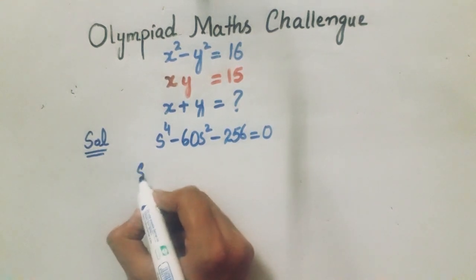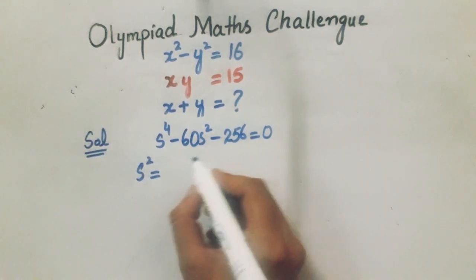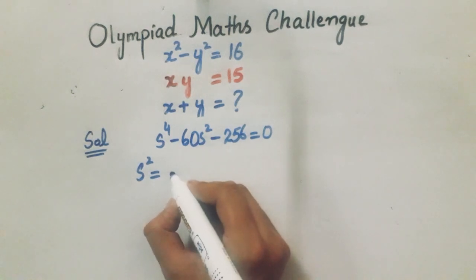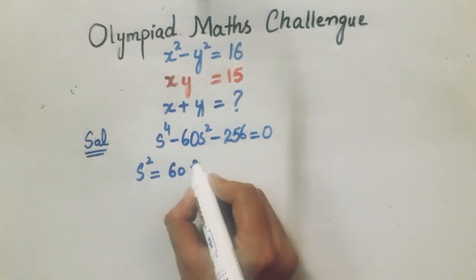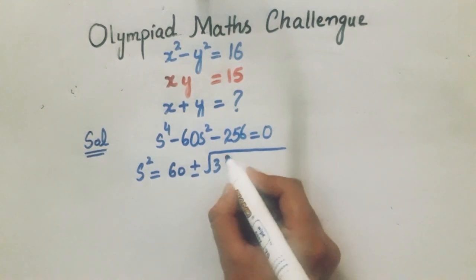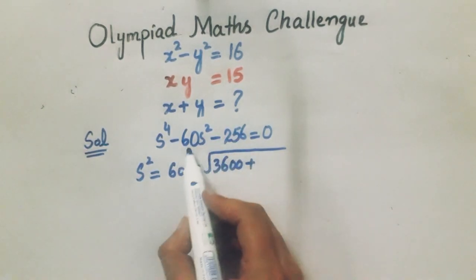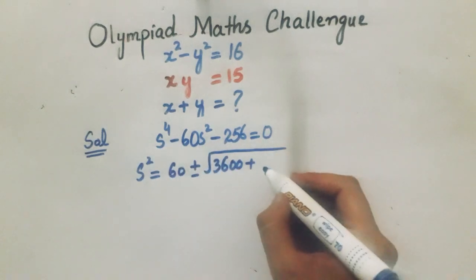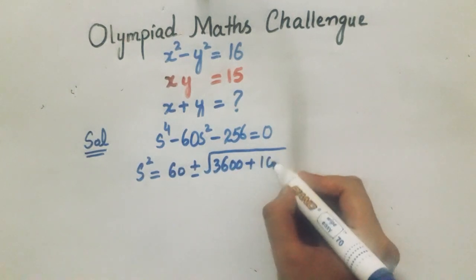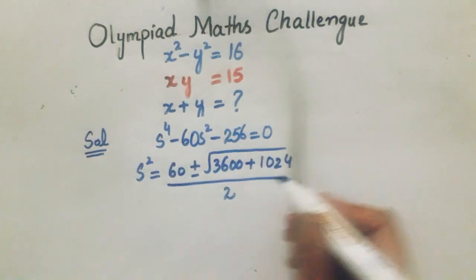So s square is equal to, according to quadratic formula, 60 plus minus square root of 60 square, that is 3600, plus 256 multiplied by 4, so 1024, divided by 2.